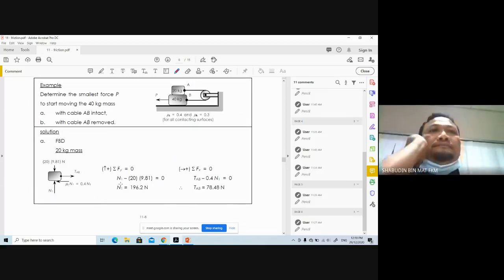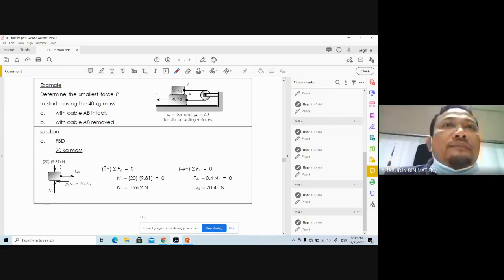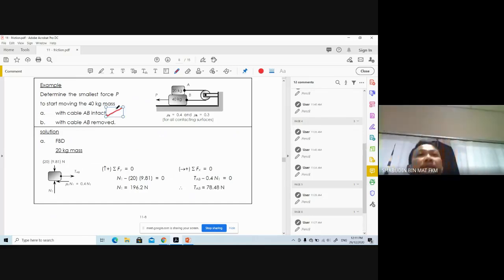So, don't worry, don't panic. Ready? If you're ready, I can draw from here. The second situation is the cable AB is still intact.